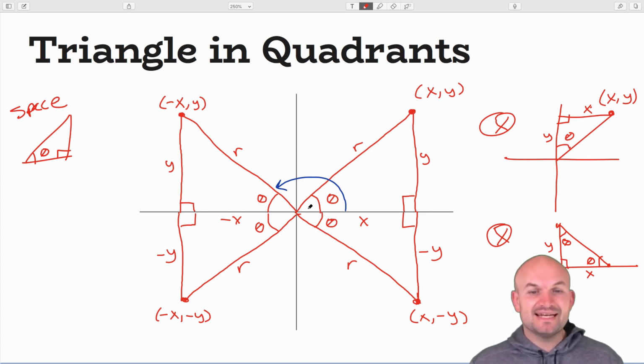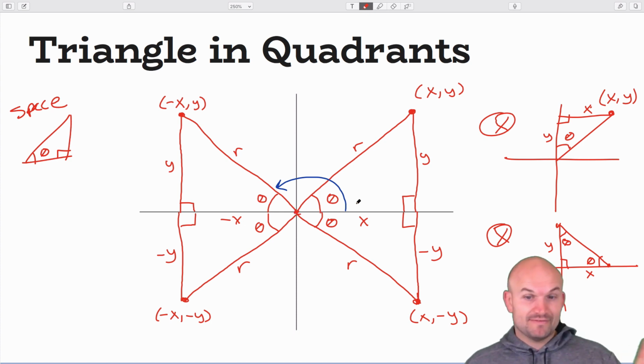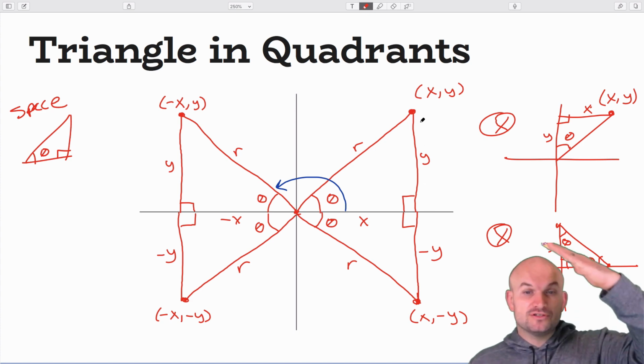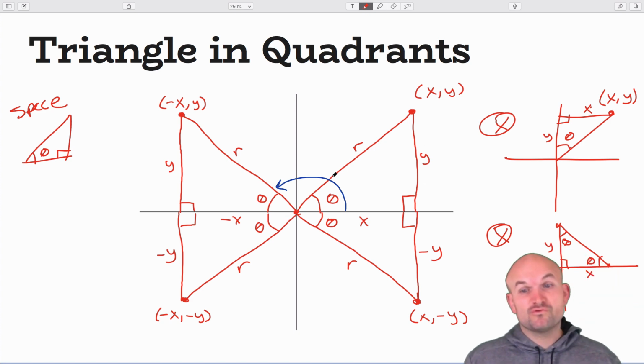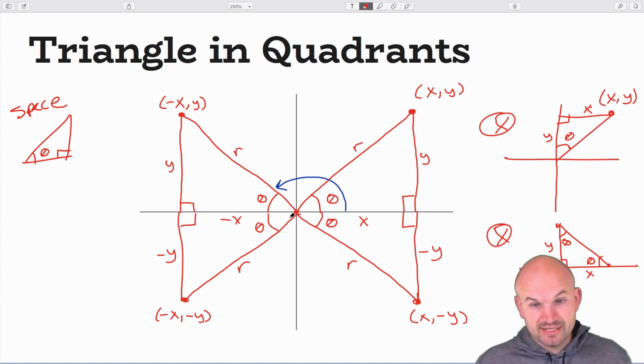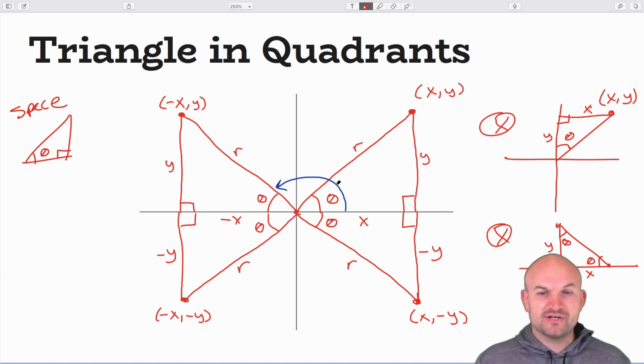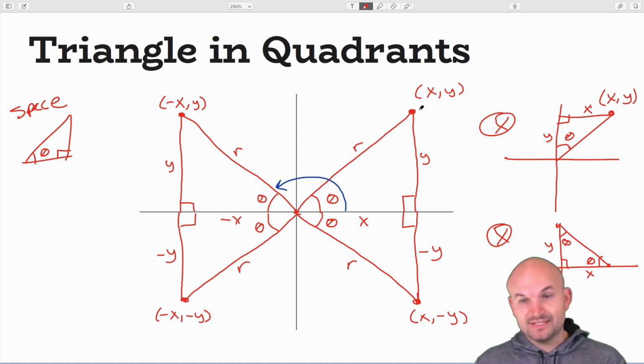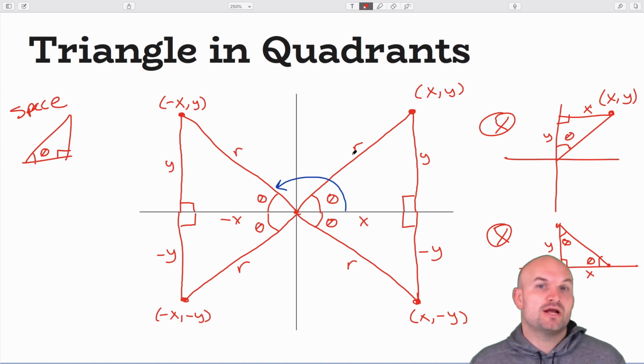R represents the direct distance from the origin to the point. We have the horizontal distance, we have the vertical distance, and R is the direct distance. If instead of walking the street, you could run directly to that point, that would represent R. Obviously, in the triangle, it is the hypotenuse.